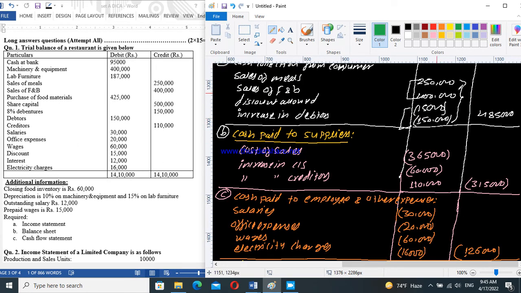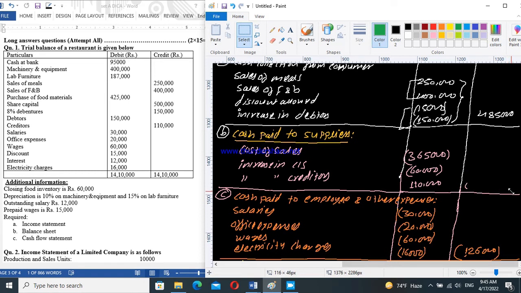Okay, this value is wrongly represented over here. Maybe 4,85,000, 3 lakh. Oh, this is wrongly represented over here. Maybe, I think.